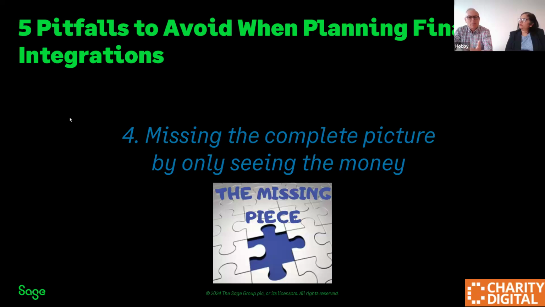So make sure you have that joined up data structure. Make sure you've got commonality of data between the systems you're integrating. And if you haven't got commonality of data, find a way of moving the data from one field to another.